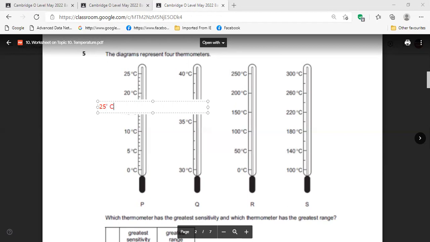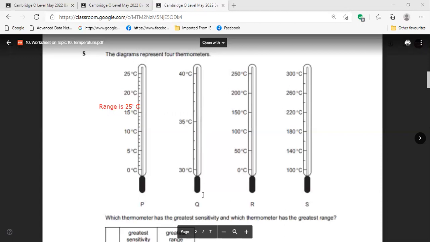Range means the gap, from 0 to 25. That is called range. The lower temperature scale and upper temperature scale, the gap or the difference, that is called range. Here for this thermometer the range is 25 degrees Celsius.